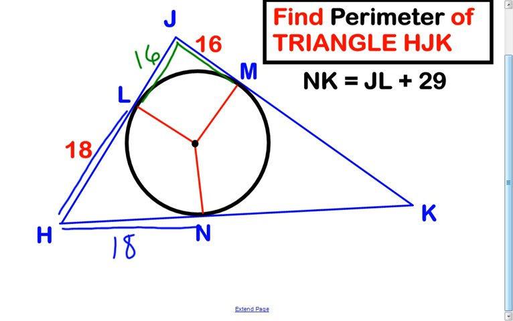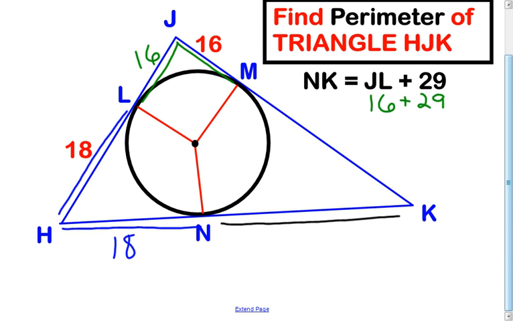And now I look up here at this equation, and it tells me that the length of segment NK, which would be right here, is equal to the length of segment JL plus 29. Well, I know the length of segment JL. That's 29. I found that out earlier, or not 29, excuse me. I was looking at the 29 at the end of the equation. It's 16 plus the 29.